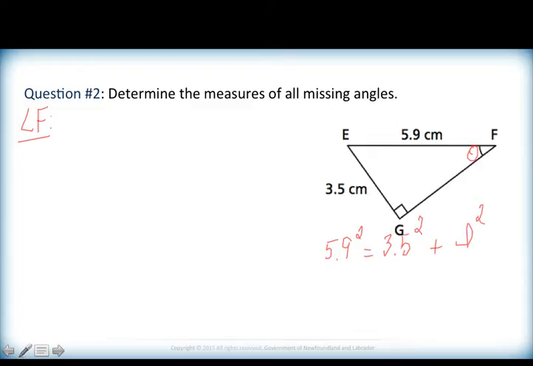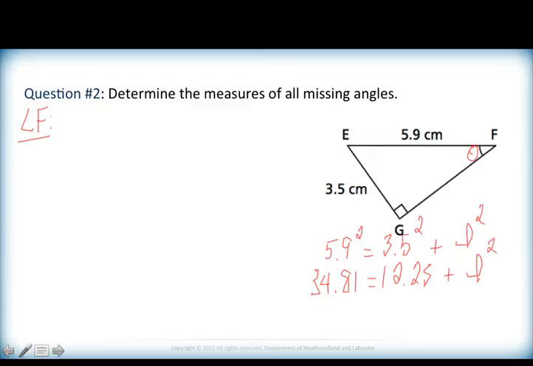So what we have to do now is 5.9 squared. So we have 5.9 times 5.9, and that will give us 34.81. And then we have 3.5 times 3.5, and that will give us 12.25 plus L squared.